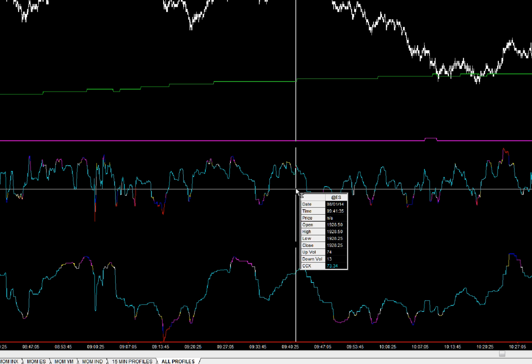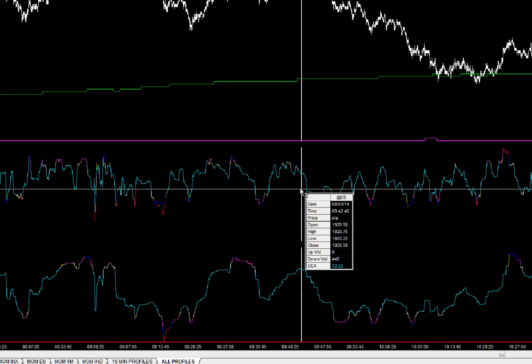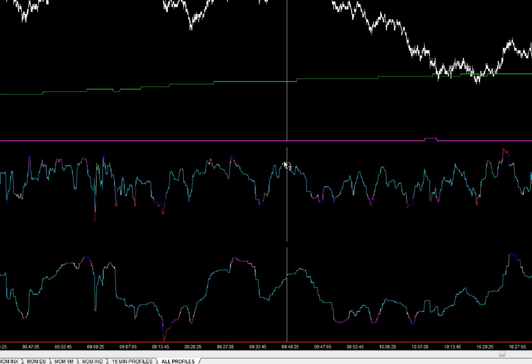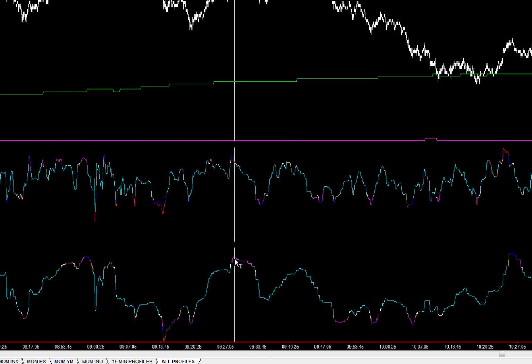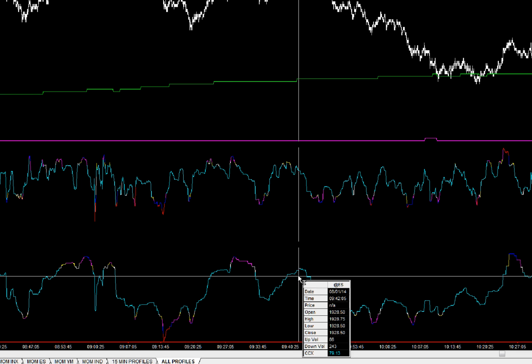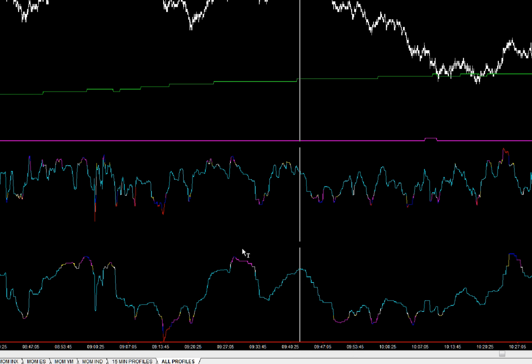You see the nice divergence in here, lower highs on the indicator. And here you've got an overbought condition. Here you barely make it into an overbought condition, but a big divergence here. So this is all telling you this thing is going to short. But now let's take you over to the 5-second premium and show you why this really makes sense.